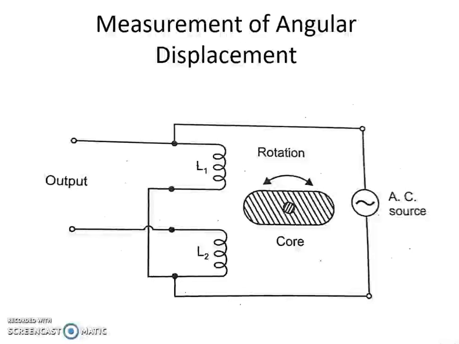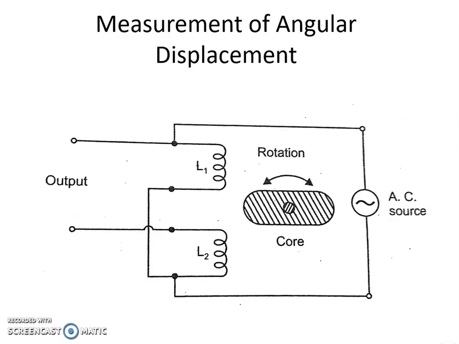Now let us discuss the measurement of angular displacement. Again, to measure angular displacement, different types of transducers are used. For example, resistive potentiometer, variable inductive transducers, synchros, capacitive transducers, RVDT, that is rotary variable differential transformer, variable reluctance transducer, and so on.